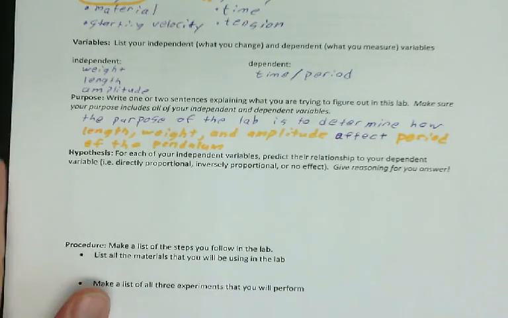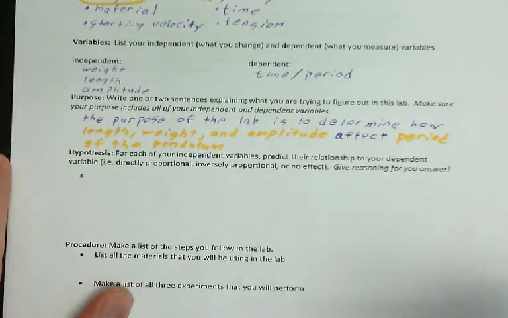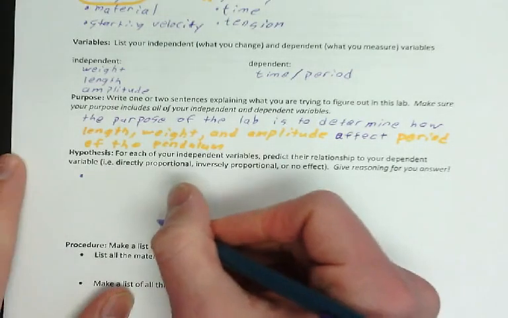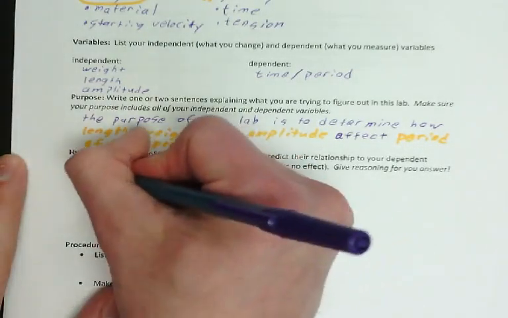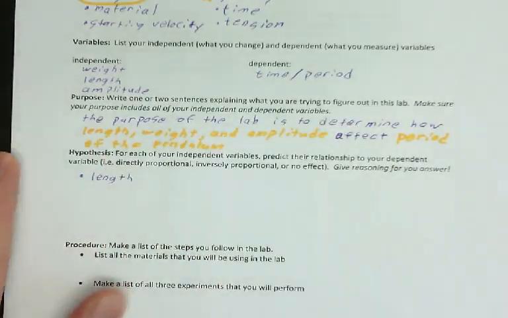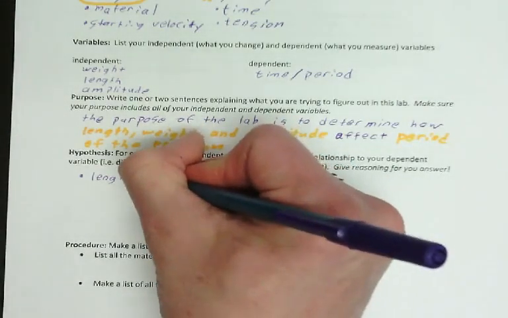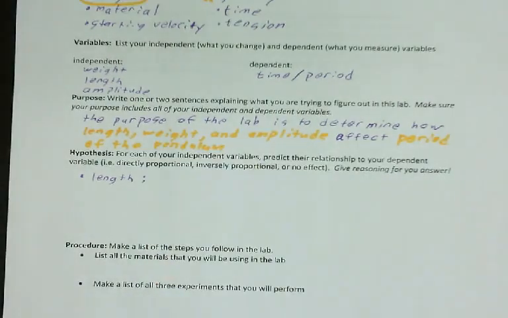So, for example, I do it in bullet points, it's just me. But I would do length first. And then I write what I think the effect is.